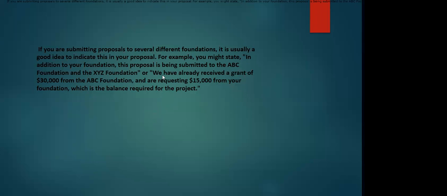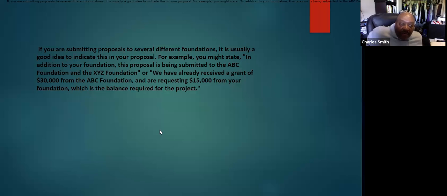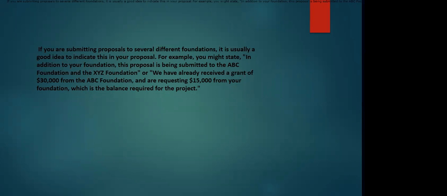Starting with "we have." We have already received a grant of $30,000 from the ABC Foundation and are requesting $15,000 from your foundation. See, that's how you got to be, straight up. You got to let that person know, well, we do have a grant already for $30,000, but we're asking you for $15,000.